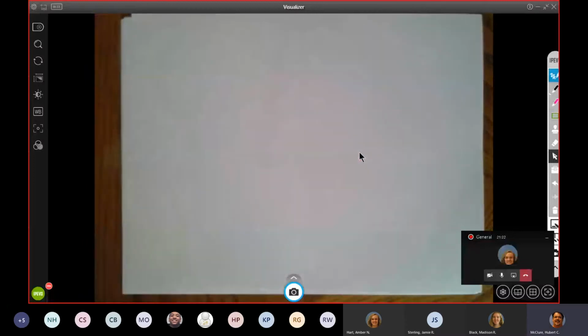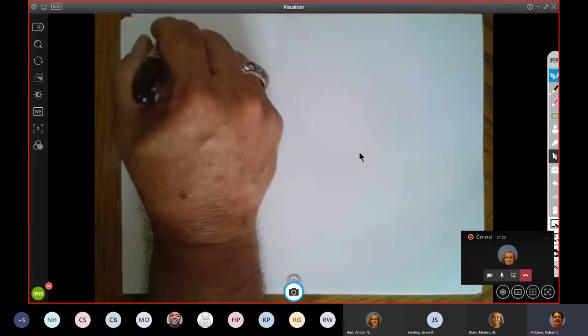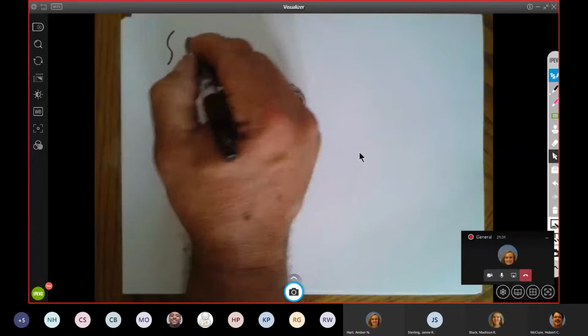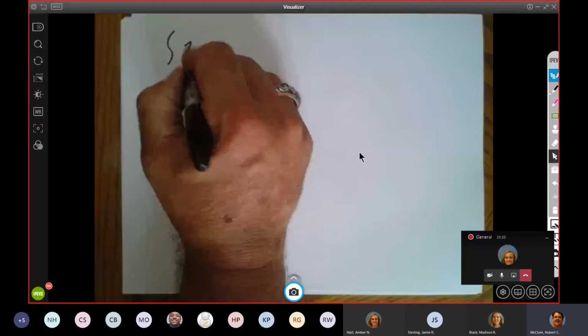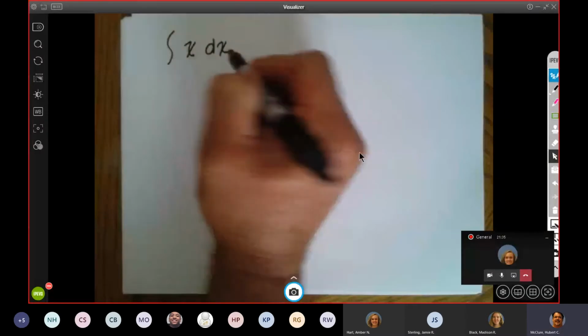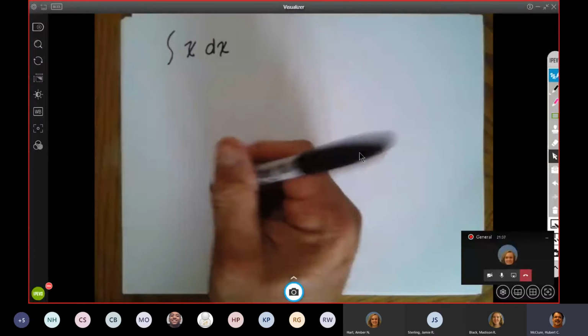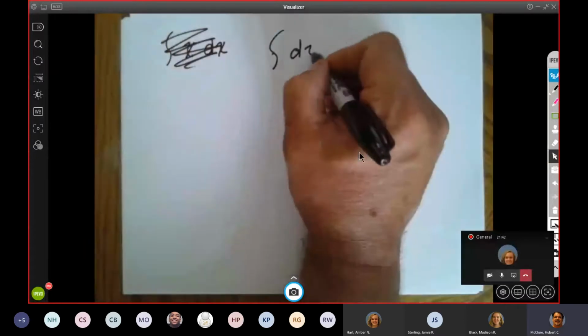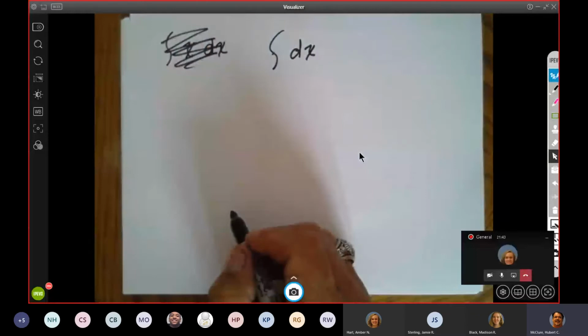The first property, besides the constant rule where you pull the constant out, is if you're given the antiderivative of dx. You might as well go ahead and put a 1 here because that's what that means.